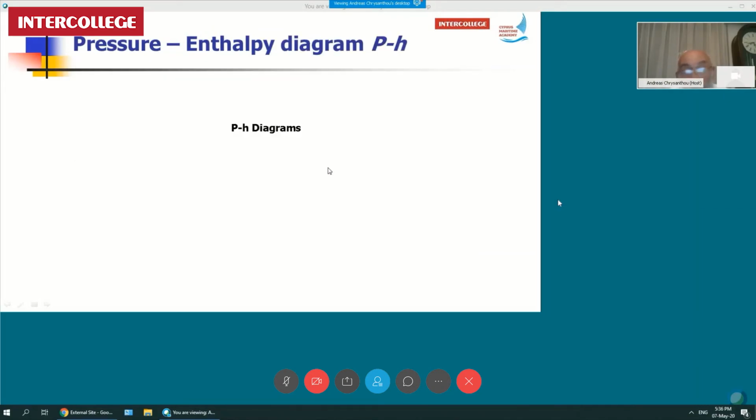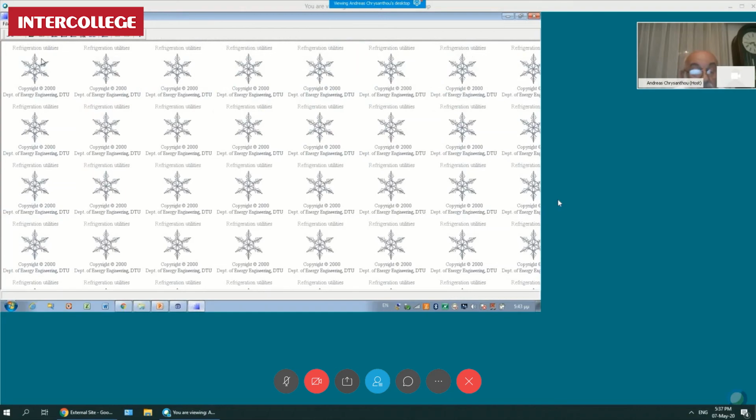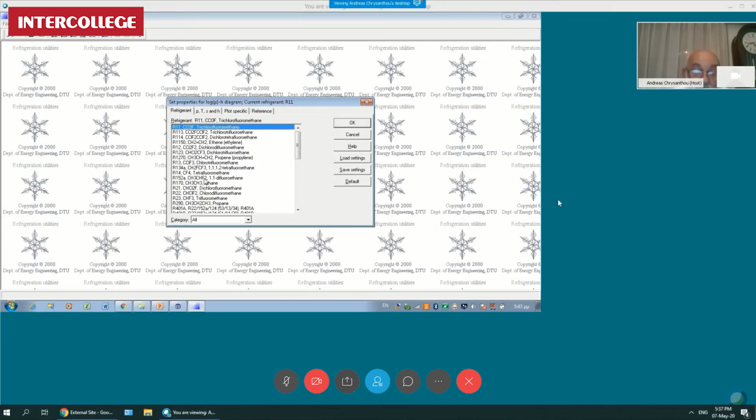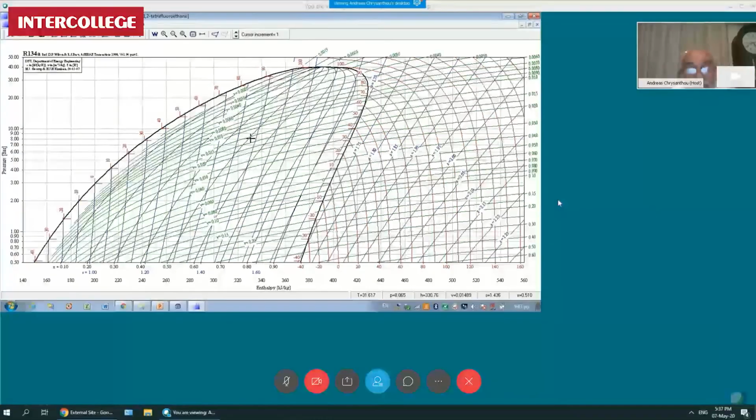Okay, here we can see that the pH diagram is a function of different refrigerants. Here we have a very useful utility done by the Technical University of Denmark, which I would like to thank very much for this interesting utility. So if we take a particular refrigerant, we can easily create the pH diagram for it, and indeed on this one we can even draw the refrigeration cycle.